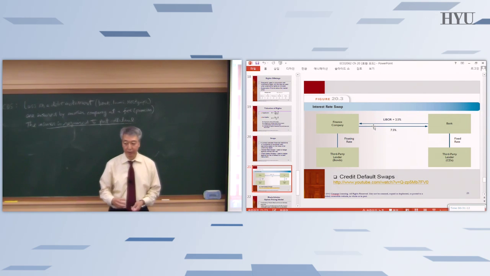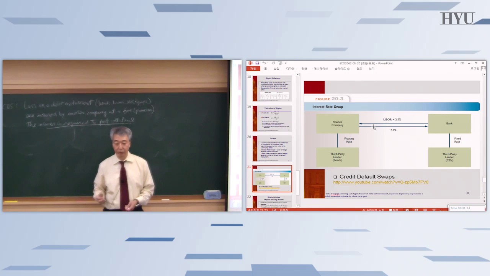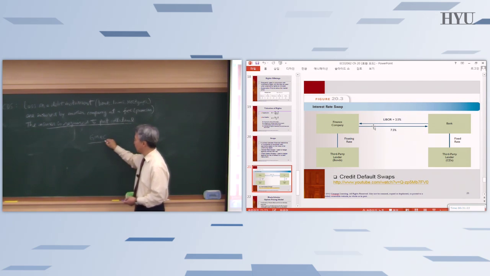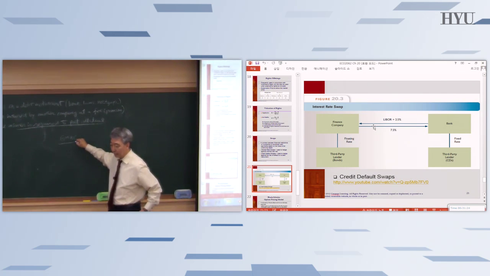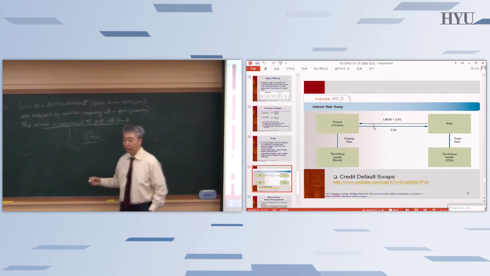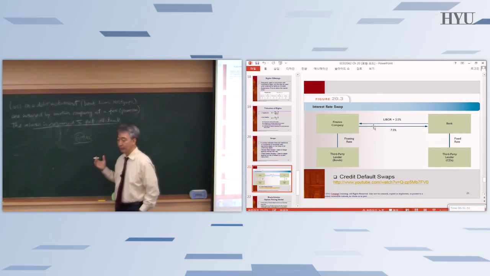Say, in the United States, there is GMAC. GMAC started as a finance company for GM automobiles. So when people buy GM cars, GMAC provided financing, right?